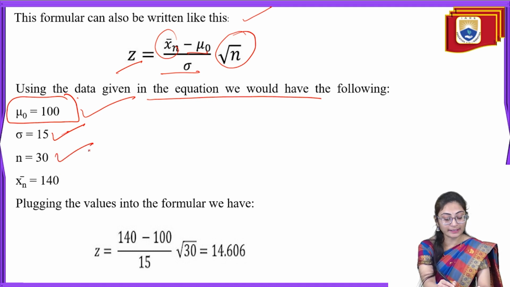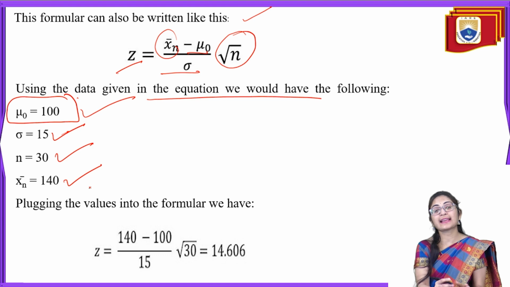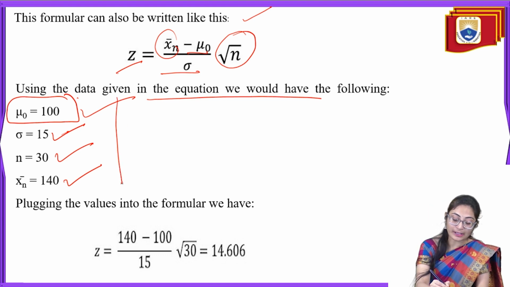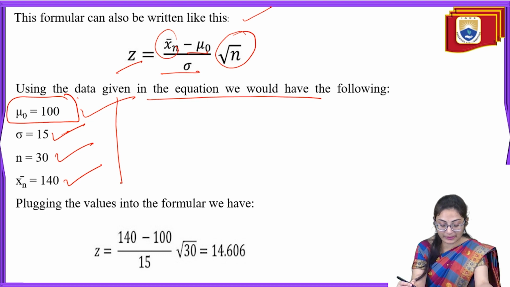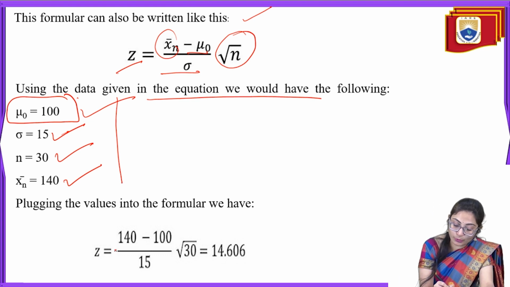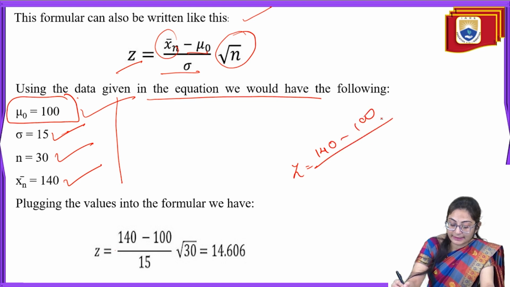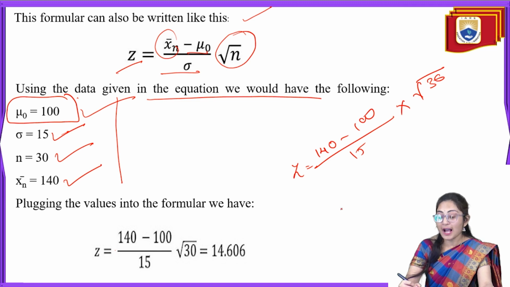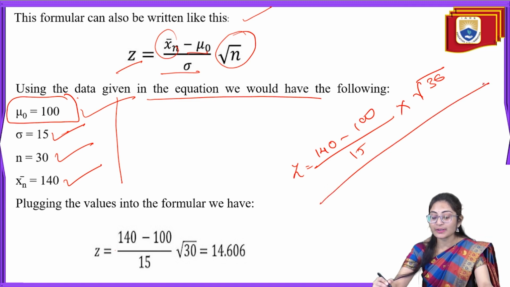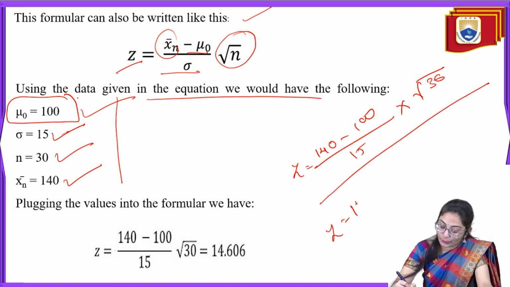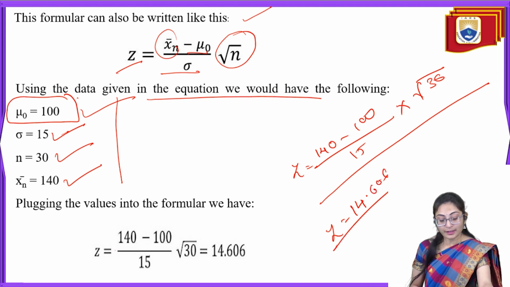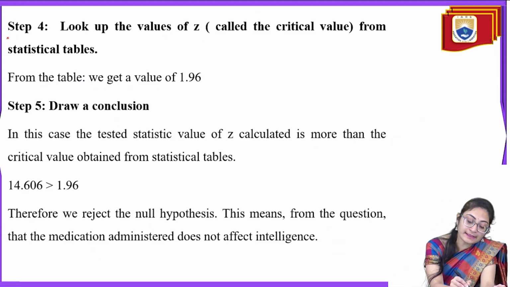Sample size n is 30 and X bar n is 140. Now we put these values in the formula: Z equals 140 minus 100, divided by 15 into root of 30. After solving, we get Z equal to 14.606.